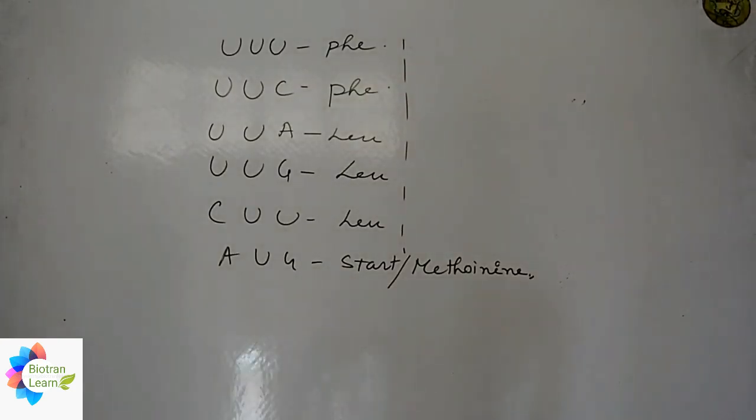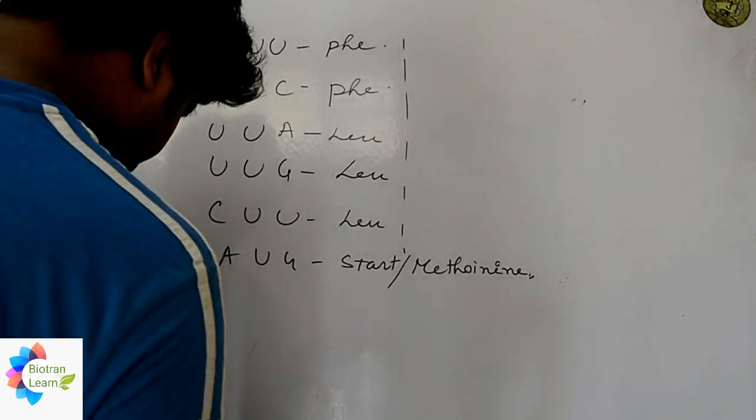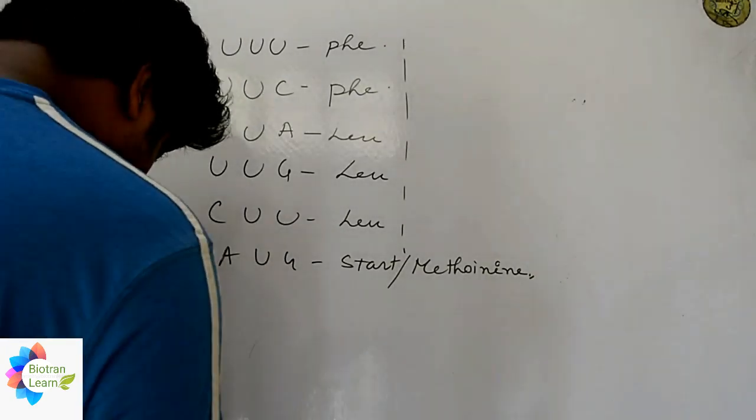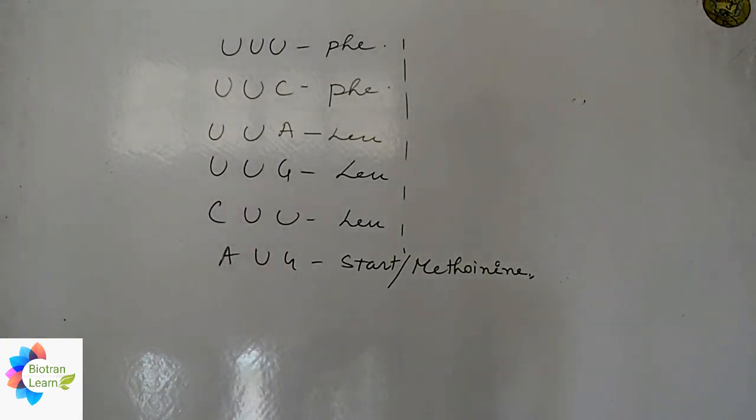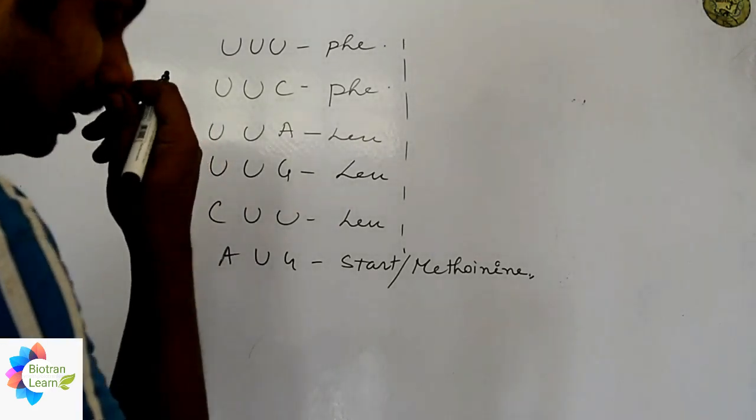In this case we can see that the first salient feature of these codons is that the codon is a triplet, and 61 codons code for amino acids and 3 codons do not code for any amino acid. They are just the stop codons or terminator codons. So what kind of functions do they have?